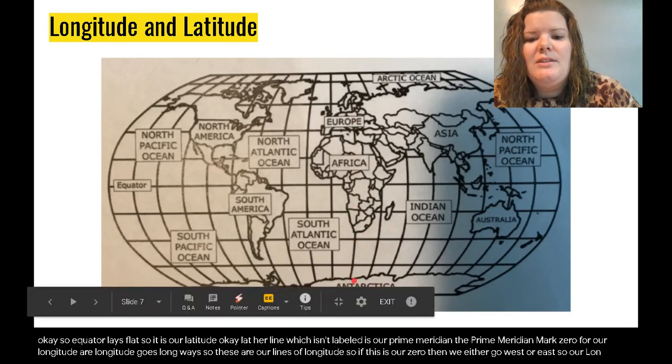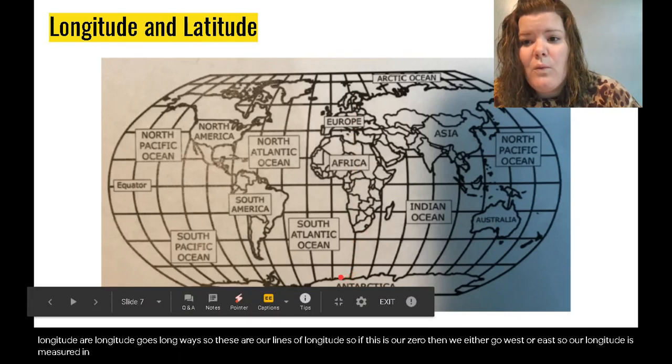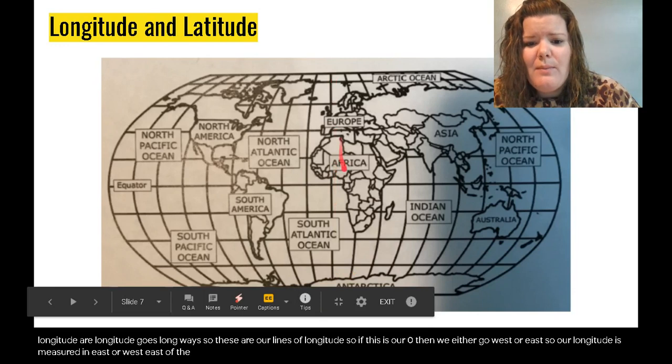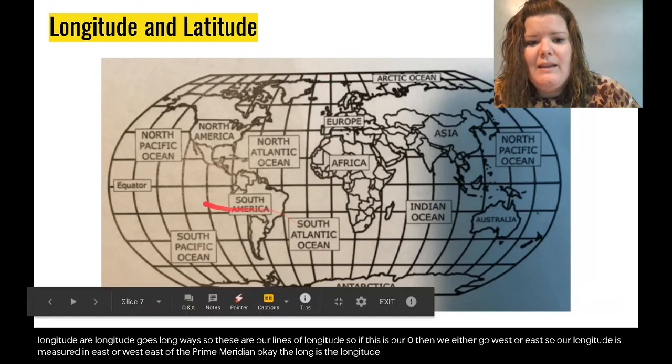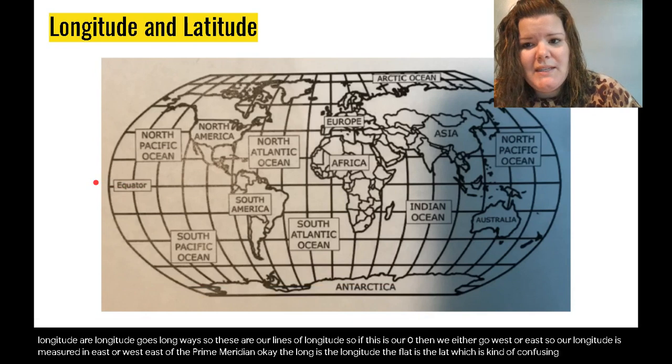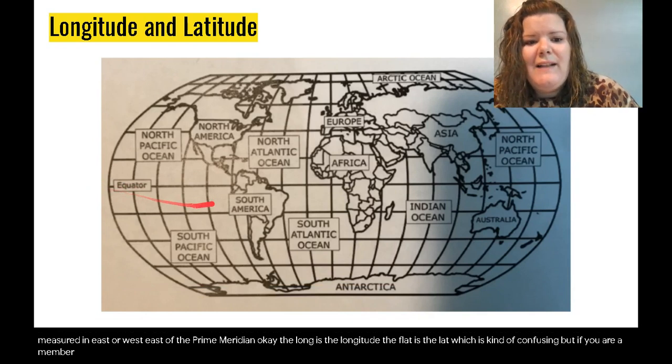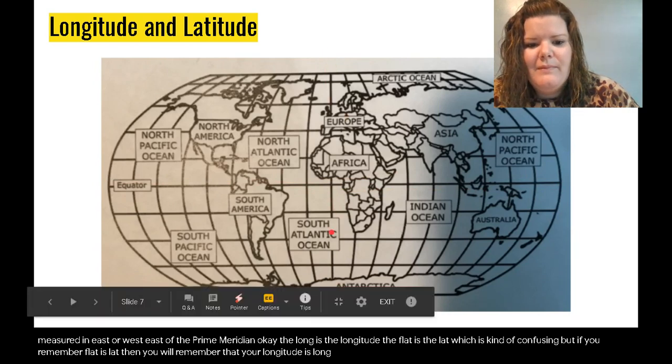So our longitude is measured in east or west of the prime meridian, okay? The long is the longitude. The flat is the lat, which is kind of confusing. But if you remember flat is lat, then you will remember that your longitude is long.